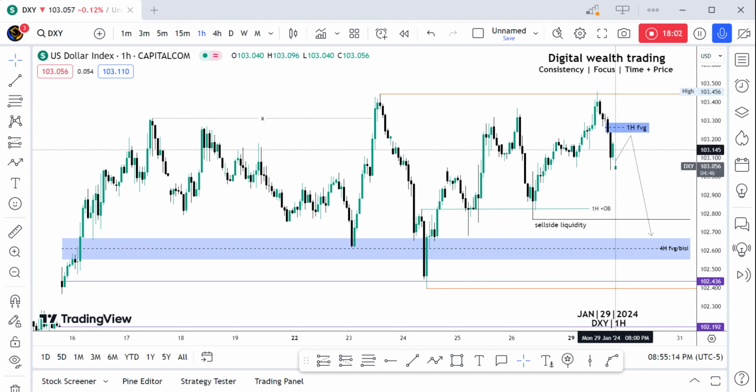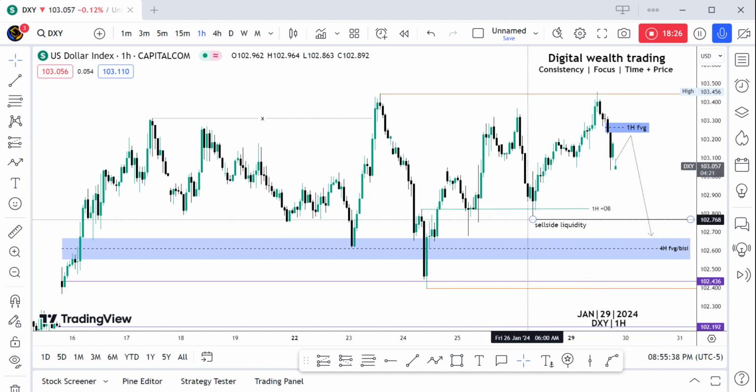So with this difference in price, we might cover some parts, and if you look at the XY, there is no reason for the XY to get into this 4 hourly fair value gap or CB. If that's the case, we might just have this on our chart and see how we are trading when the current session came in.